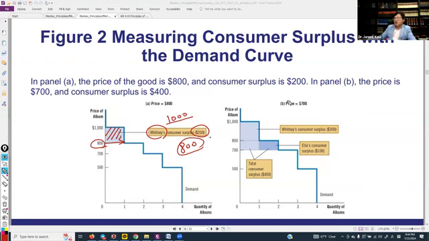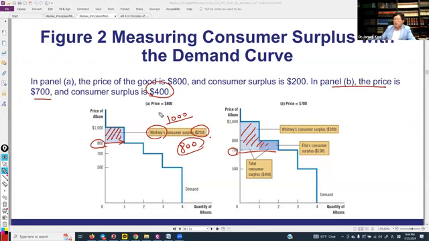In case B, the price is 700. This area is the surplus, total 400. How to calculate?